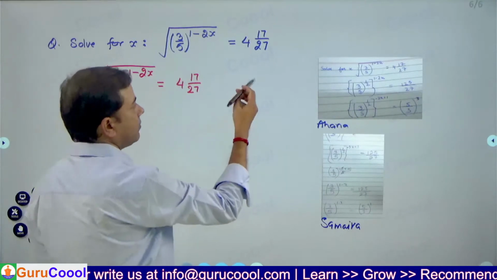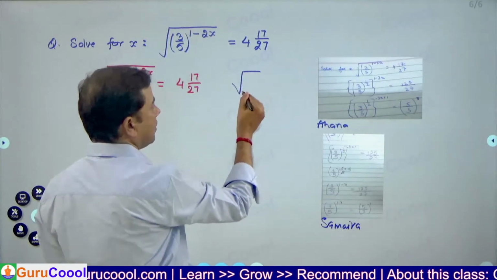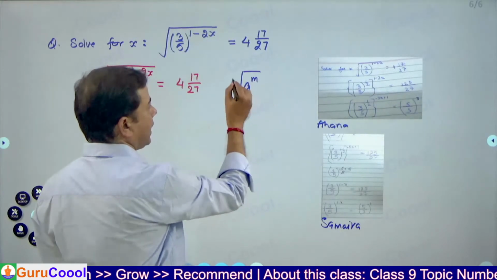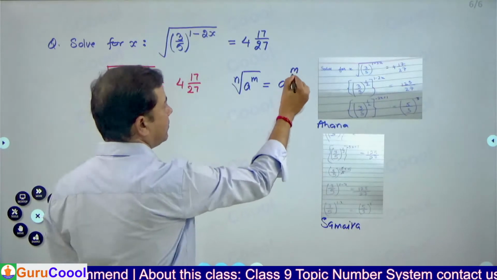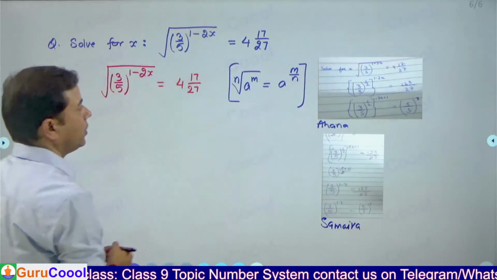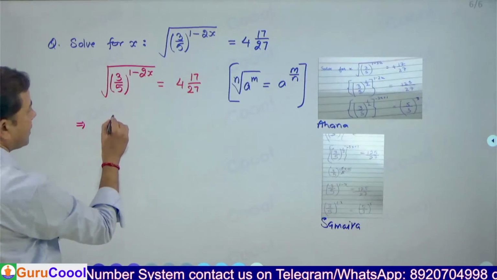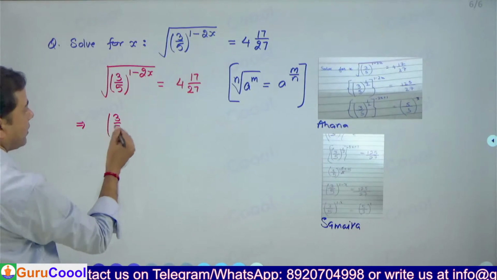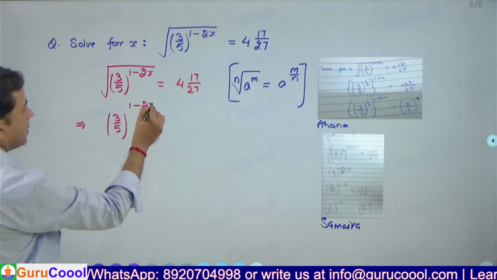We already have talked about the rule which says a raised to the power m under nth root can be written as a raised to the power m by n. Using this rule, we can directly write the left hand side like this: 3 by 5 raised to the power 1 minus 2x by 2.